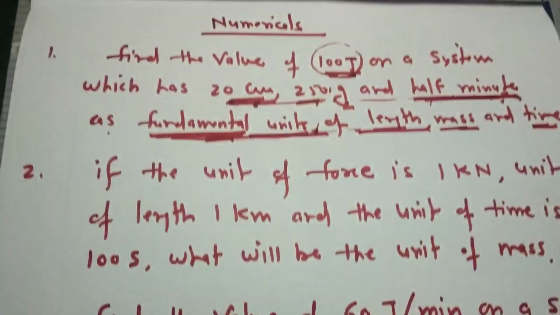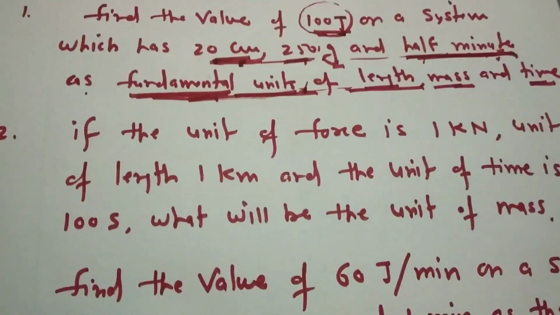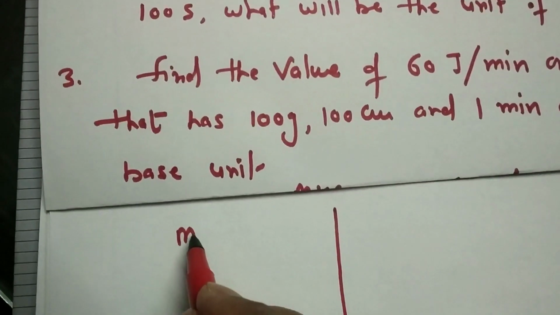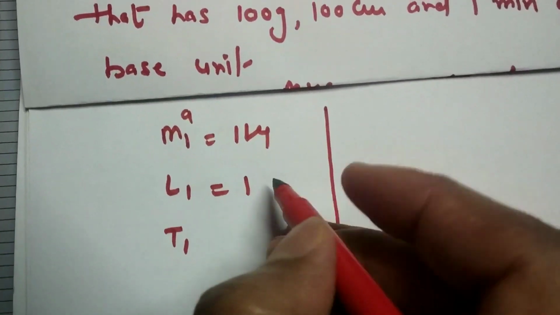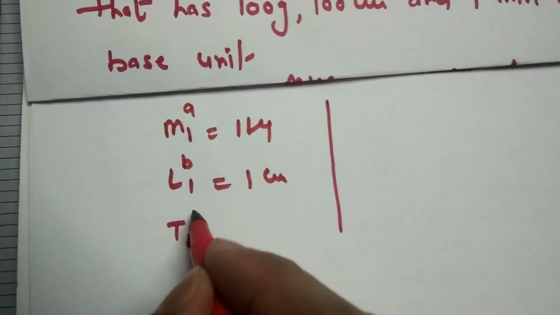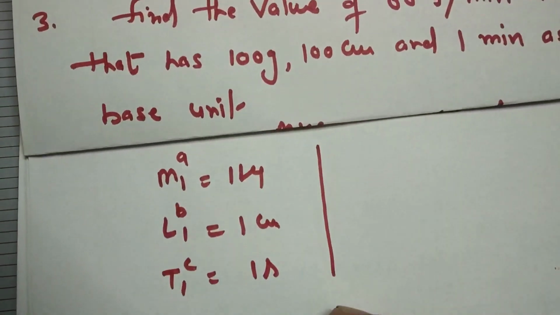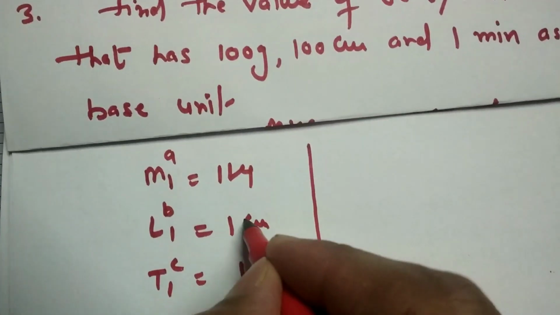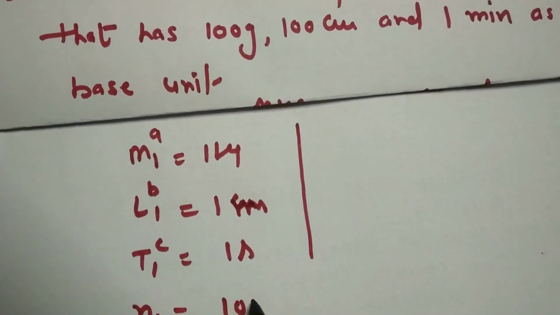So, the same 100 joule. Joule, you know, is made by M, L, T. So we can write M1 L1 T1 as 1 kilogram, 1 meter and 1 second. Clear? No doubt here, because joule is made by MLT: kilogram, meter and second. And n1 here is given: 100 joule.